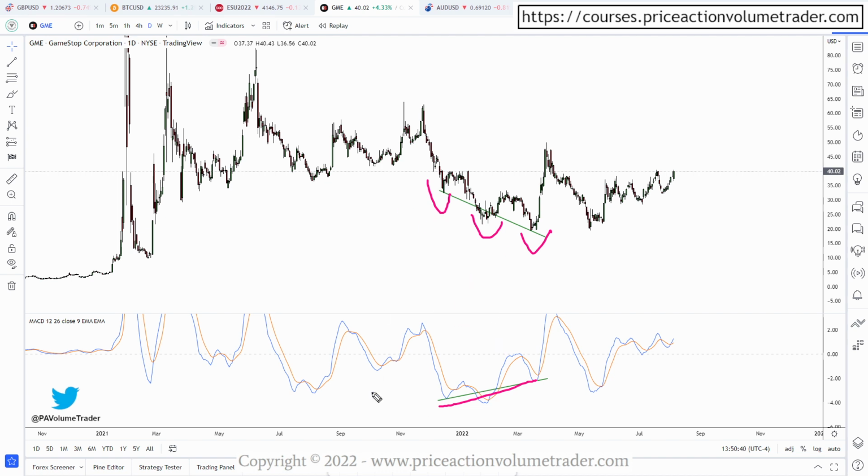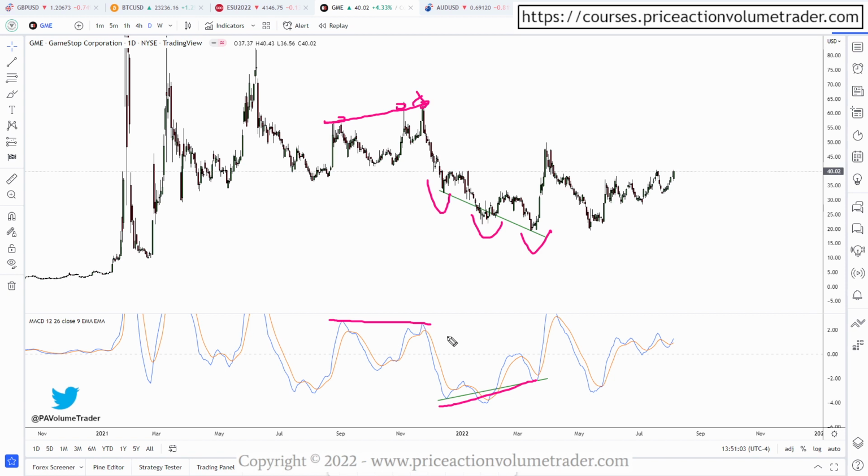Over here too, I didn't mark this one, but you can even see here you have 1, 2, 3 shoves here, and the MACD is pointing down. There's a slight bearish divergence here as well.